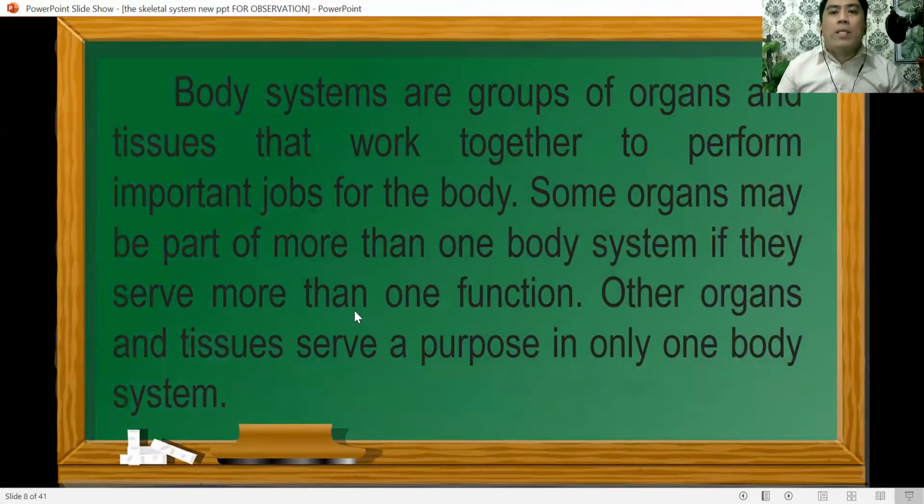So ano nga ba ang tinatawag nating body system? So body systems are groups of organs and tissues that work together to perform important jobs for the body. Some organs may be part of more than one body system if they serve more than one function. Other organs and tissues serve a purpose in only one body system.